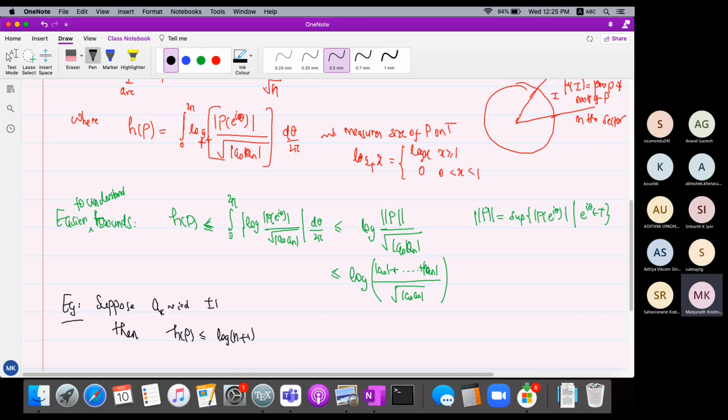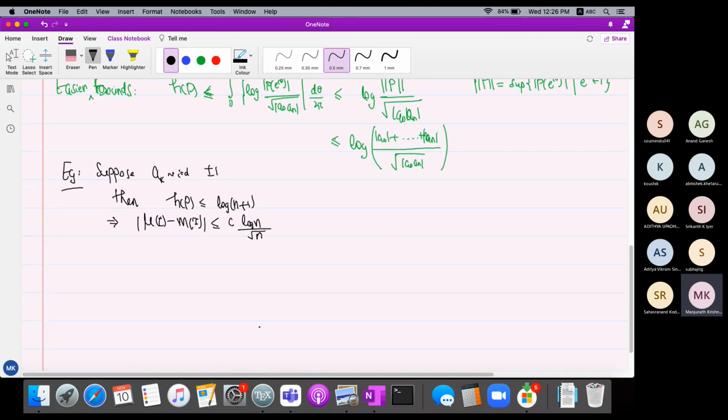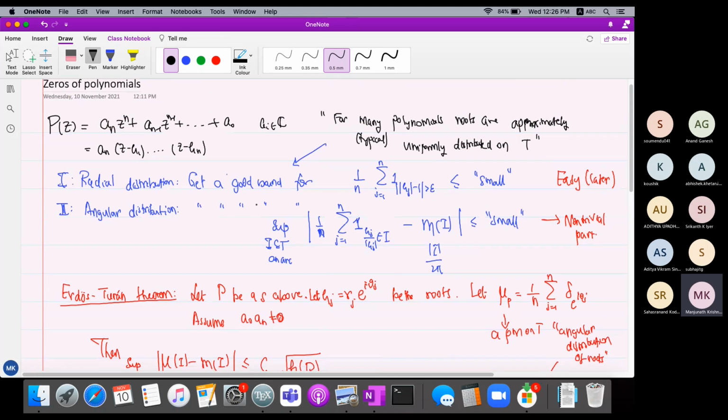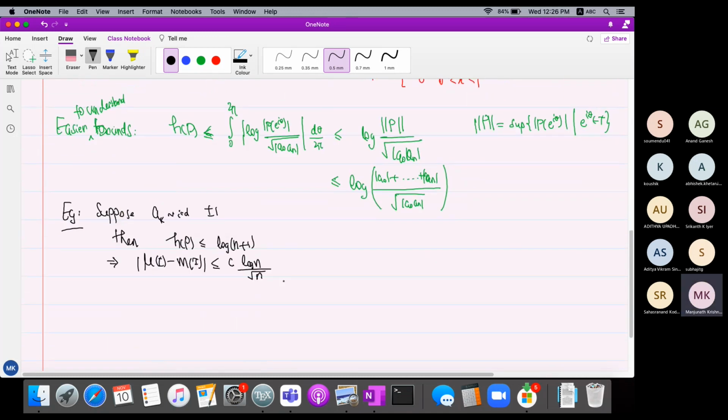Right, because there are n plus 1 coefficients, so log of n plus 1, which gives that μ(I) minus m(I) is bounded by a constant times log n over square root n. Log n plus 1, nobody cares for the difference, but I have here a square root. I forgot the square root again.